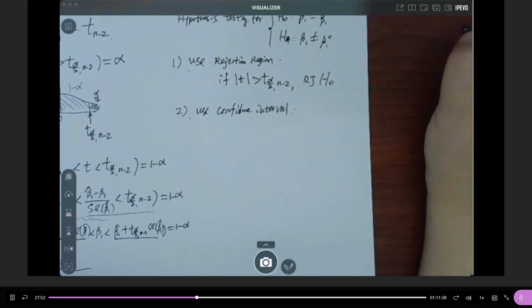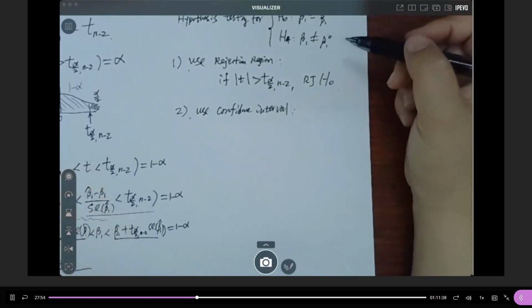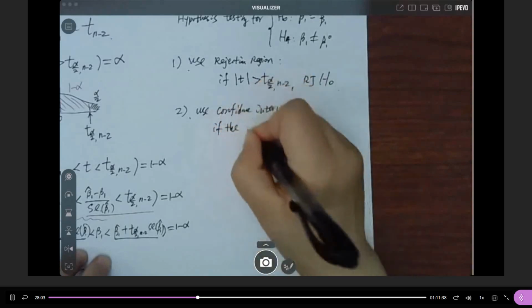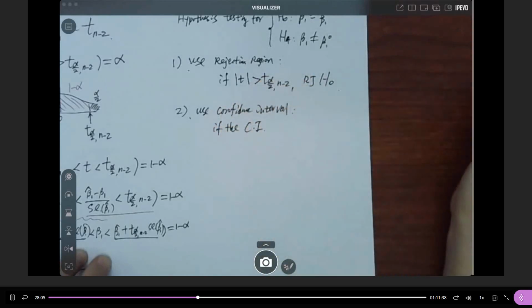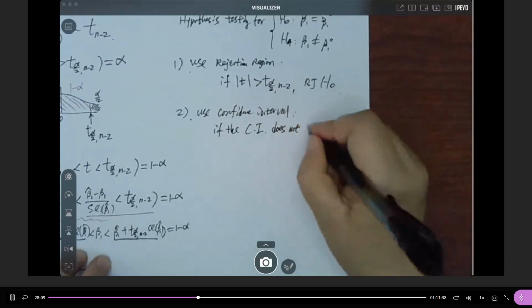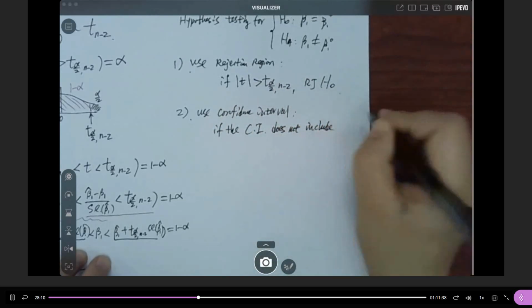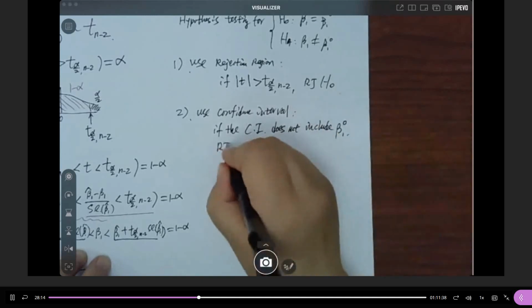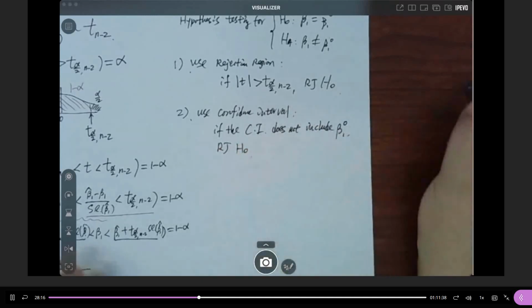If your hypothesis value beta 1 not is not included in the confidence interval, you would reject the null.